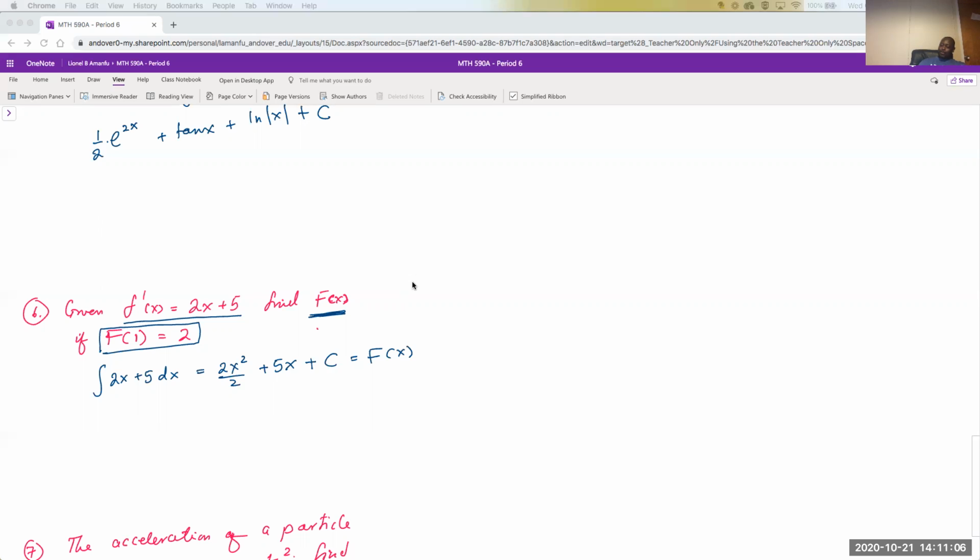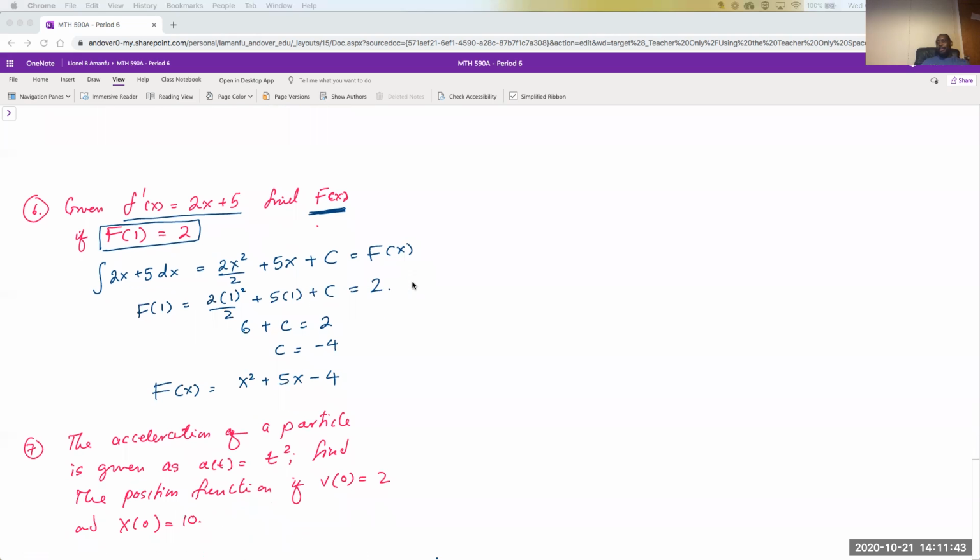So I can do big F of 1 is equal to what? 2 times 1 squared over 2 plus 5 times 1 plus c, and that outcome is 2. So I end up getting 6 plus c is equal to 2. C is -4. So that original function was x squared plus 5x minus 4.